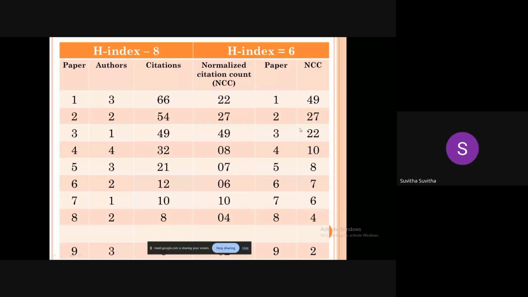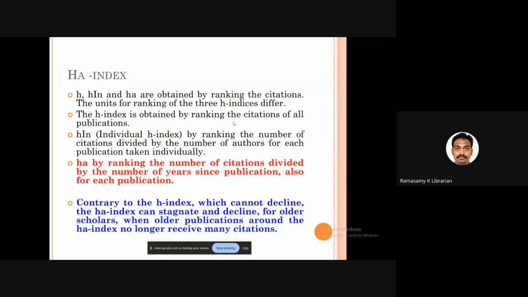Fine. Okay. The papers are arranged according to the normalized citation count. Then you go and calculate the Hutch index for this particular author. That Hutch index is called the normalized individual Hutch index. Okay. This is another version of the Hutch index.